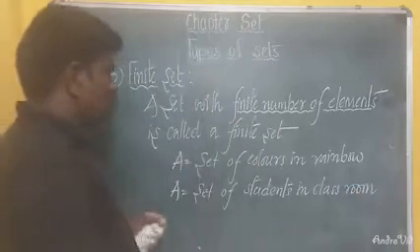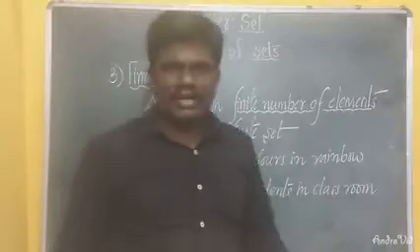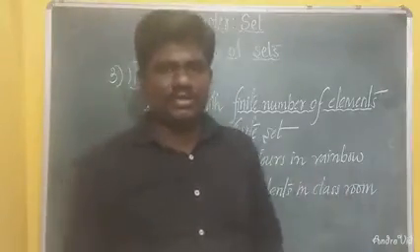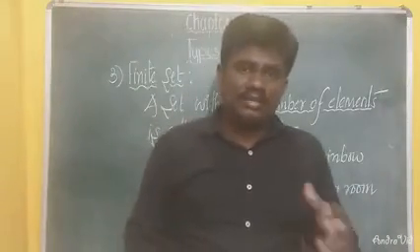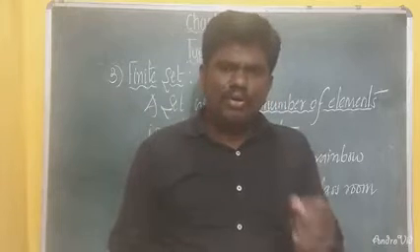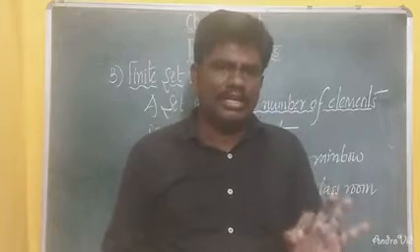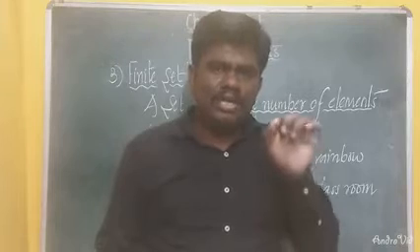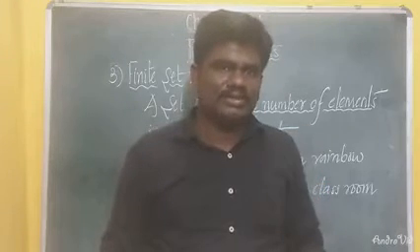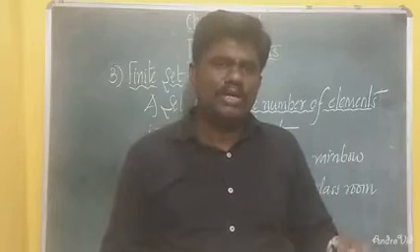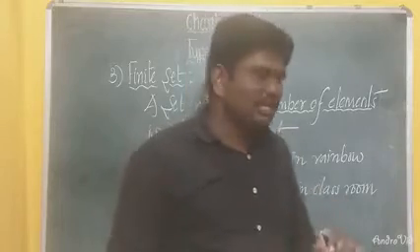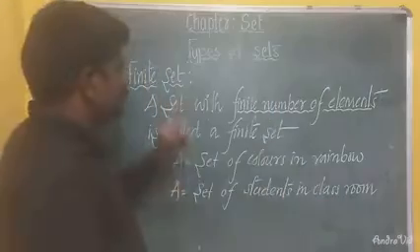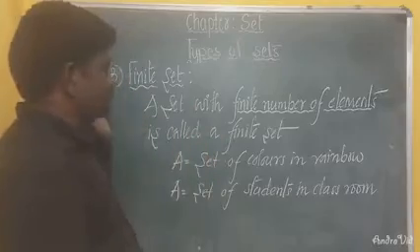If I talk about a particular class, say for example PUC first year or second year, class A division, we know how many students will be there in that classroom. So when we know the number particularly, we can say that it is a finite set.